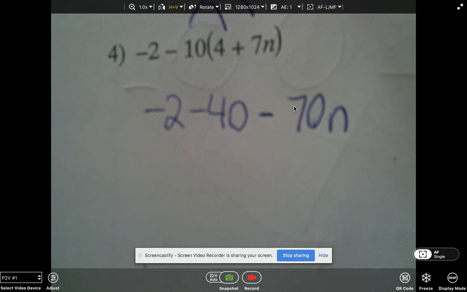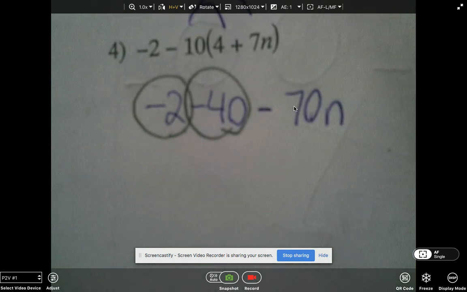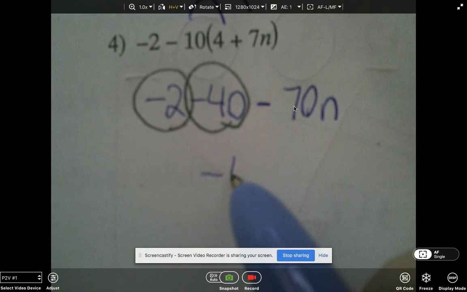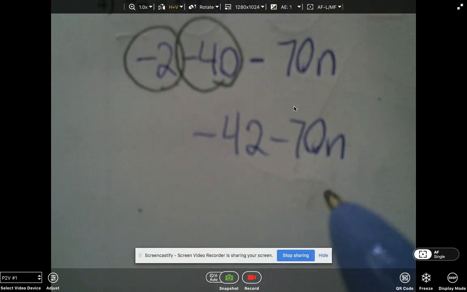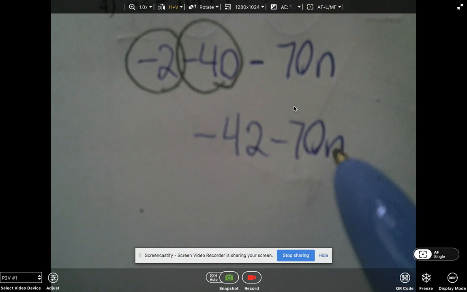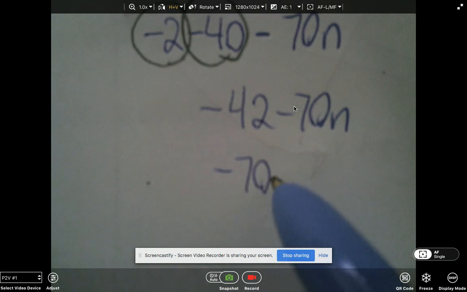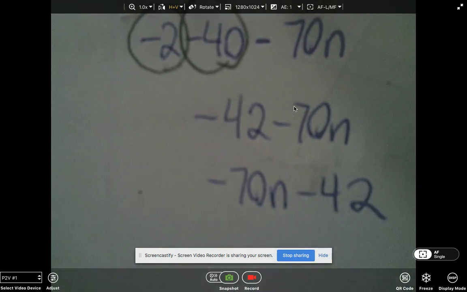Raise your hand. What can I combine? Negative 2 and negative 40. So this would be written as negative 42 minus 70n. And I like to switch it so that the variable term goes first. So this would be negative 70n minus 42, maybe that way.